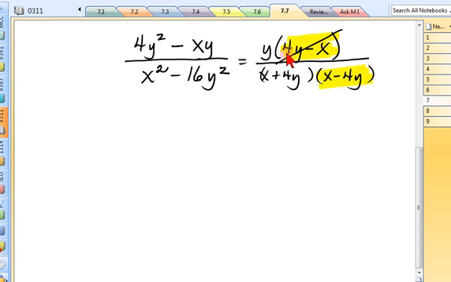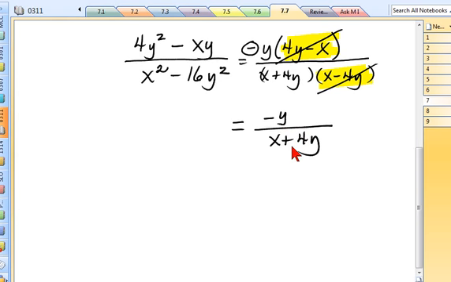We can divide out opposites, but what do we have to leave behind? A negative. A negative somewhere. So what I'm going to choose to do is leave the negative right there. That means the way I'd like to write the answer is negative y over x plus 4y.